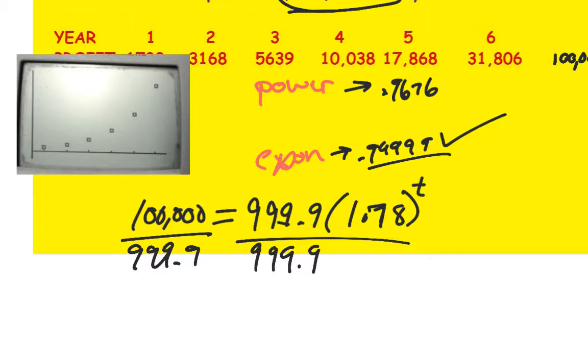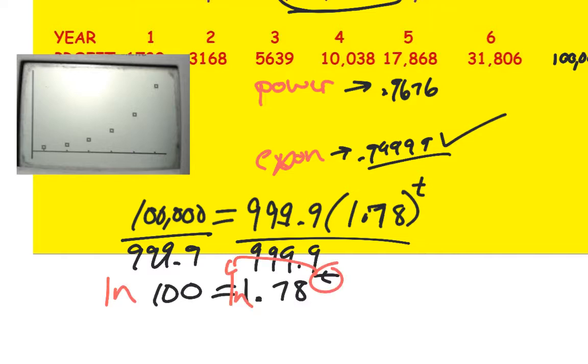Really, I guess we could have approximated that to about 100. So this is going to be 100 equals 1.78 to the t. Guys, how do you get rid of a base number? We can take the log of both sides. That takes the t, brings it out front.